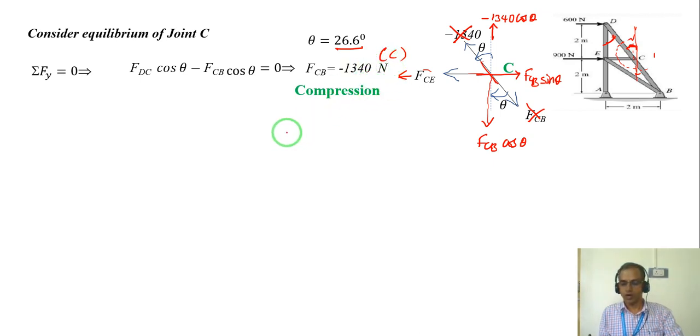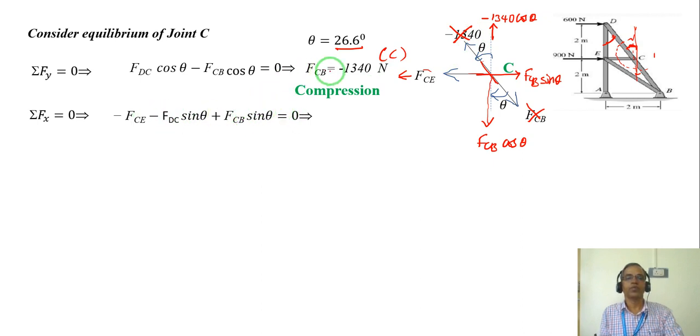Okay. So now taking the next equilibrium condition, which is summation Fx. So Fx equal to 0, we have positive FCB sin theta. Then I also have FCE, which is on the backside, so minus FCE, plus the inclined component of FCD, so FCD sin theta, away from the angle.